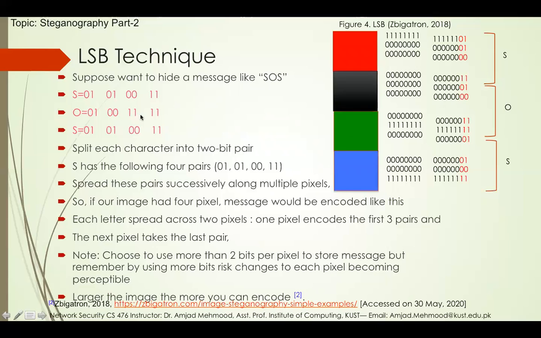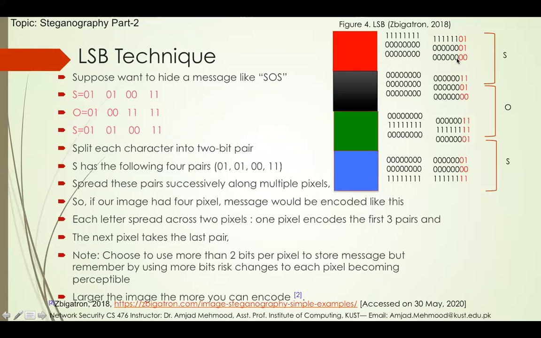O will be represented as 0, 1, 0, 0, 1, 1, 1, 1. S, again, is 0, 1, 0, 1, 0, 0, 1, 1. Split each into 2-bit pairs, like I have split it here. So S has the following 4 pairs, and we spread these pairs successively along multiple pixels.